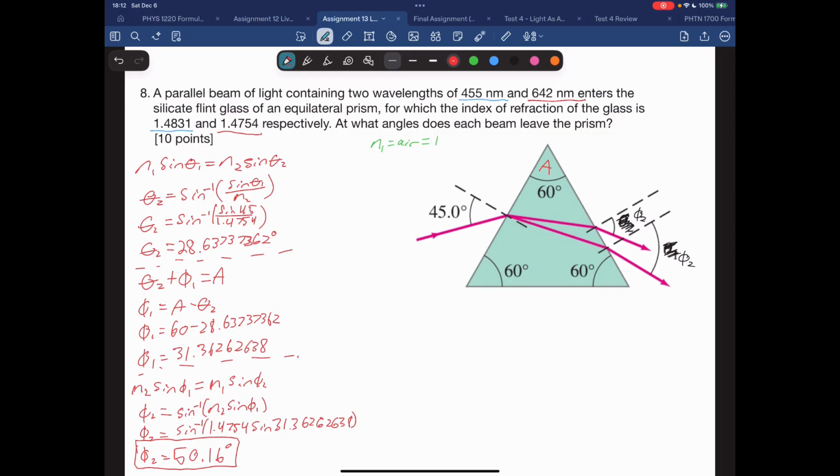So, for blue, this is the same method, just with different indexes of refraction. So for blue theta 2, this is the arc sine of the sine of 45 divided by 1.4831.